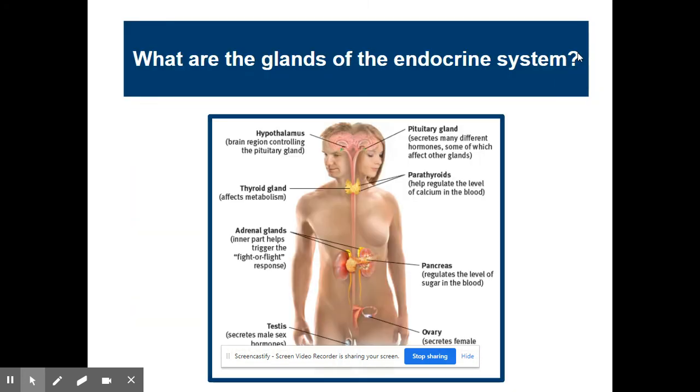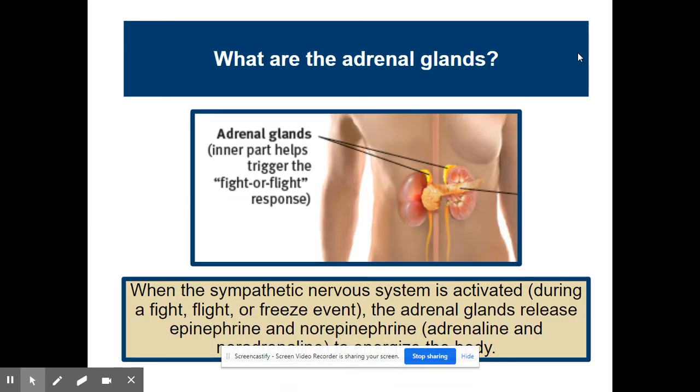Here are the different glands of our system. Let's take a look first at the adrenal glands, the inner part that triggers our fight or flight response with that sympathetic and parasympathetic nervous system, producing epinephrine and norepinephrine, which deals with adrenaline and noradrenaline in our body.